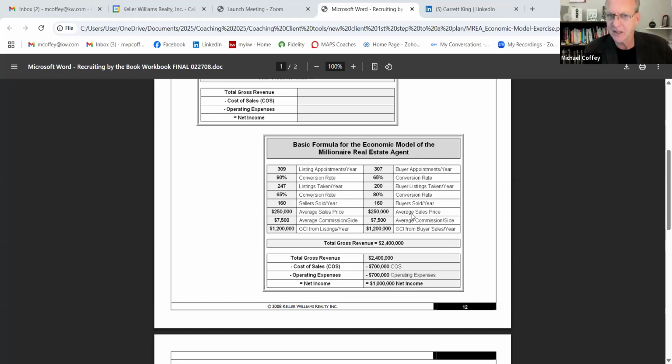Now that we know the outcome, we want to look at what activity it takes to drive that outcome. If we use an average conversion rate on the listing side, we'll see that if we go on 309 listing appointments, we'll take 80% of those listings, right? So 309 appointments would give us 247 listings taken that year. We know that we'll sell 65% of those listings.